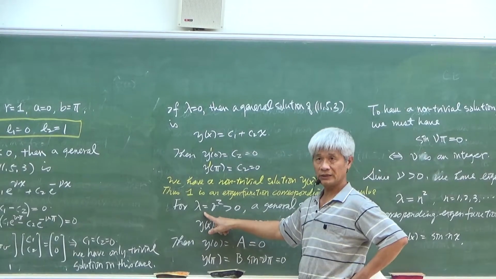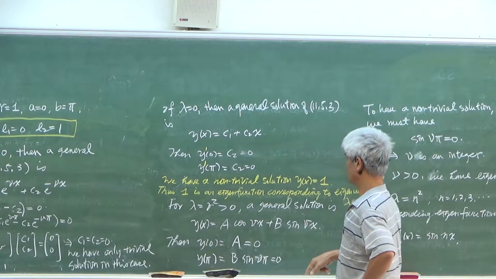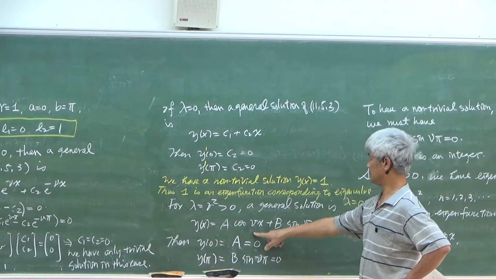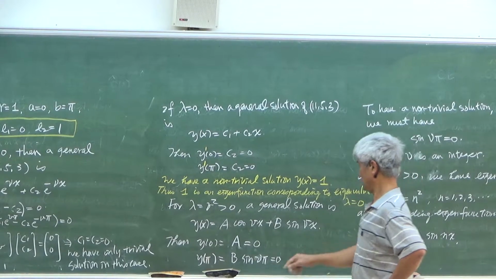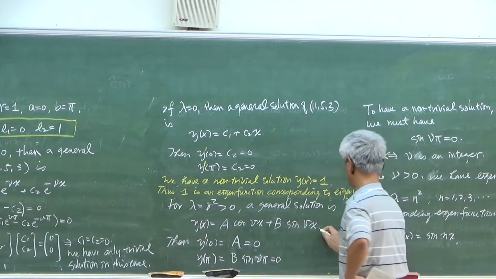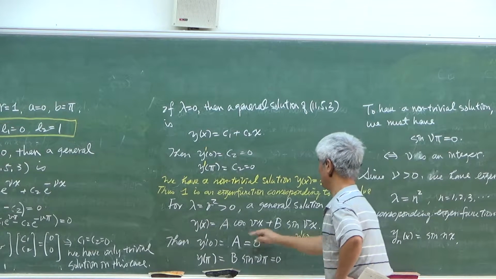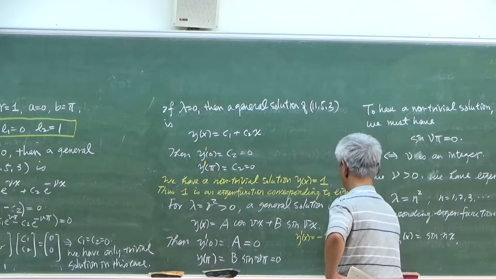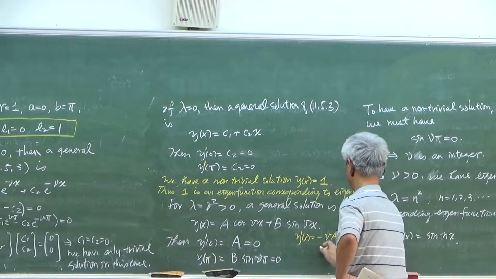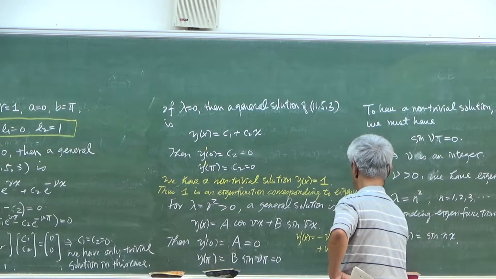Now the third case, where lambda is positive. This is the general solution. And y prime of x is equal to minus mu a sine mu x plus mu b cosine mu x.